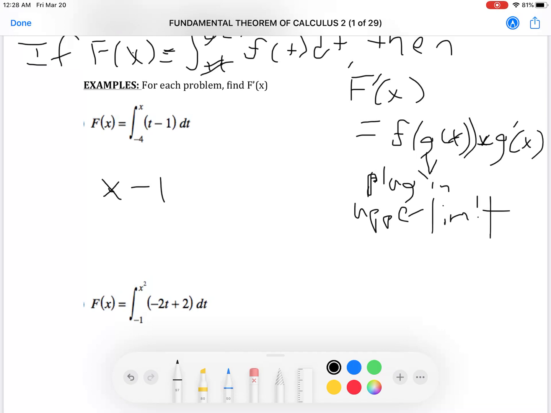Let that sink in for a minute. All we did is replace t with x. What this tells us is that when we take the derivative of the antiderivative, it is as if we didn't have the integral symbol at all.